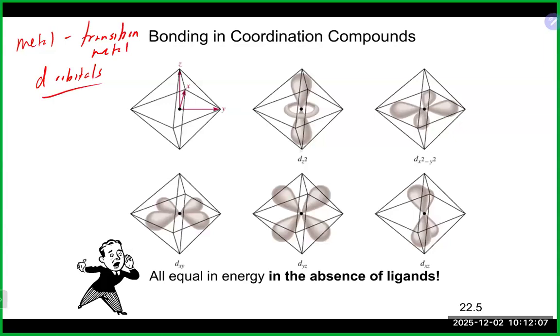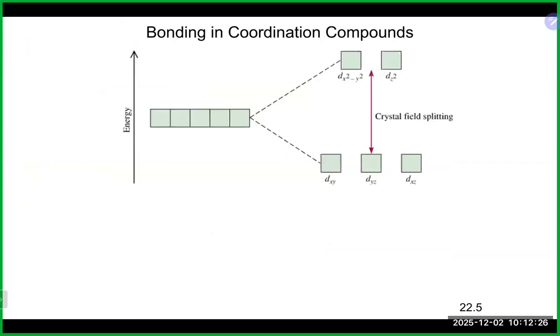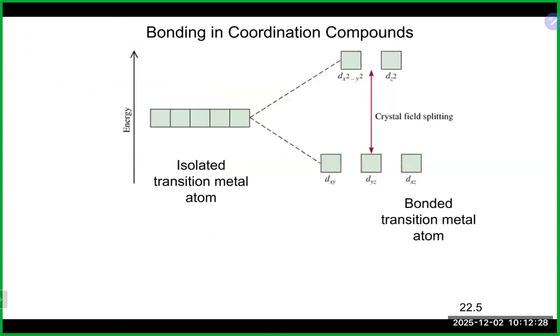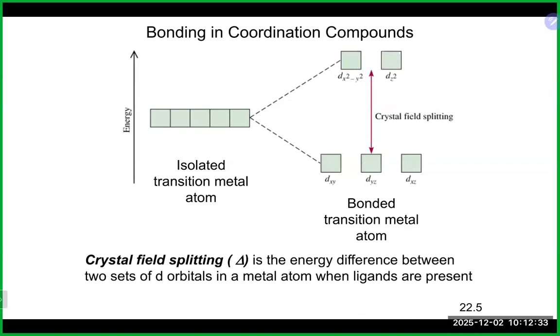There are 5 different d orbitals that can have ligands. When no ligands are present, all those d orbitals are equal in energy. But when ligands start to be present, you get some splitting of these 5 d orbitals.